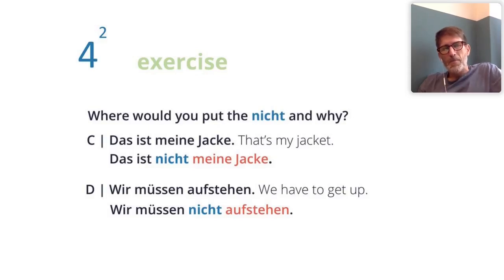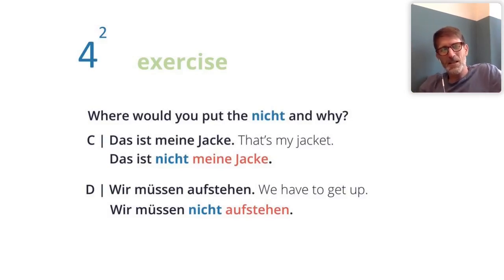In D, we talked about the verbs that are pushed to the end. So nicht is actually at what position here in D? Yeah, we have two verbs here, müssen and aufstehen, and I brushed over this a bit quickly, but whenever there's two verbs, the second verb is being pushed to the end, and it overtakes the nicht.